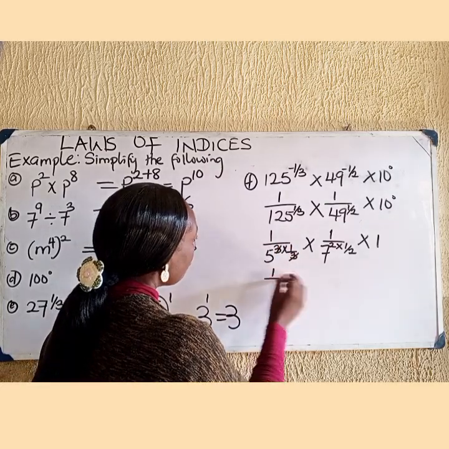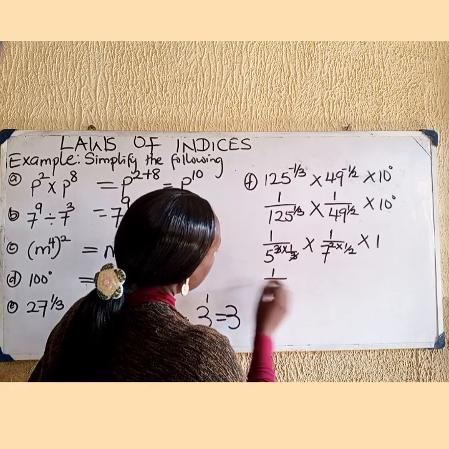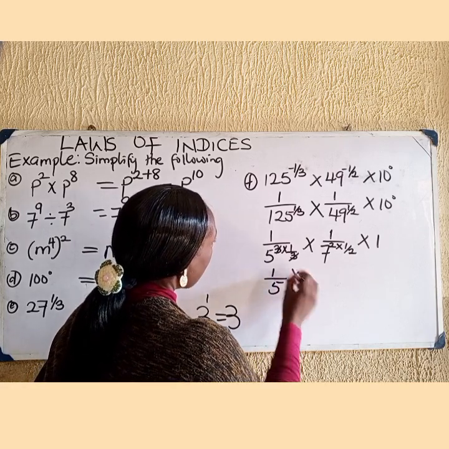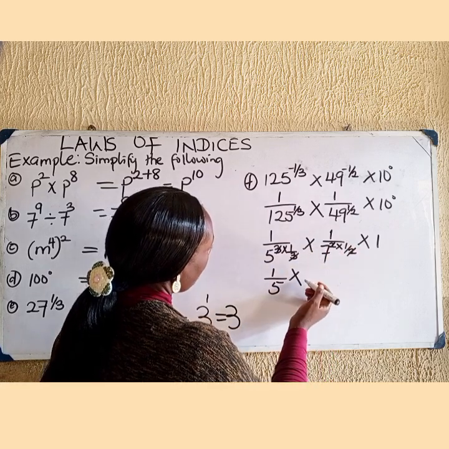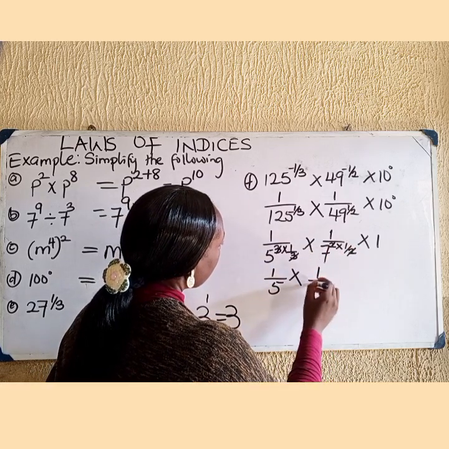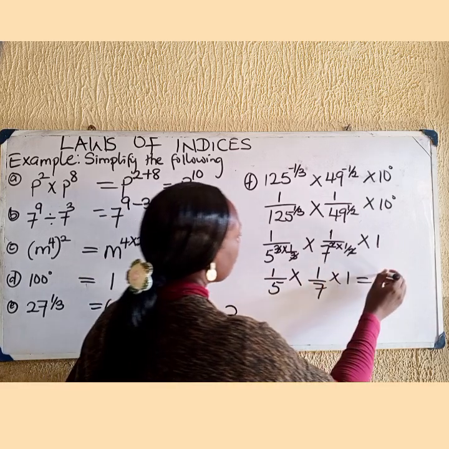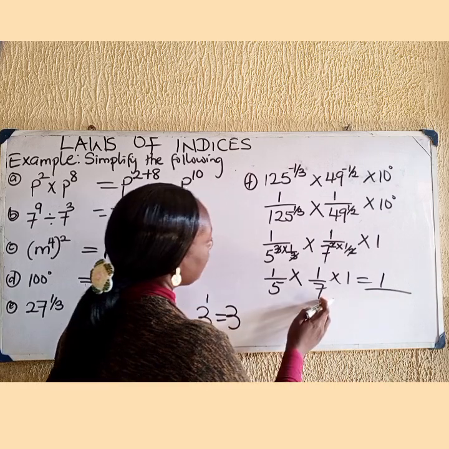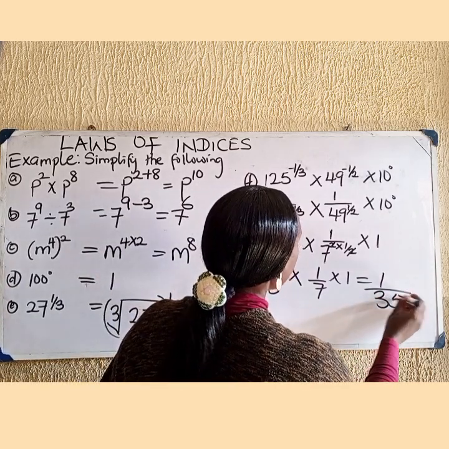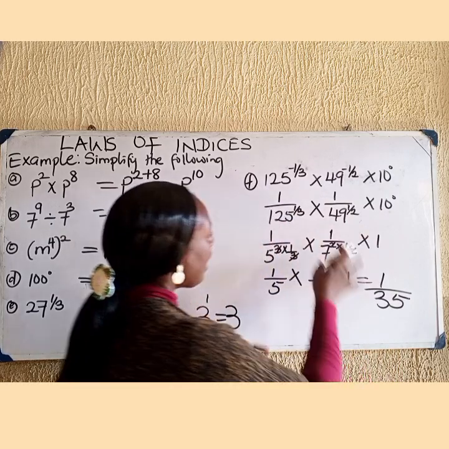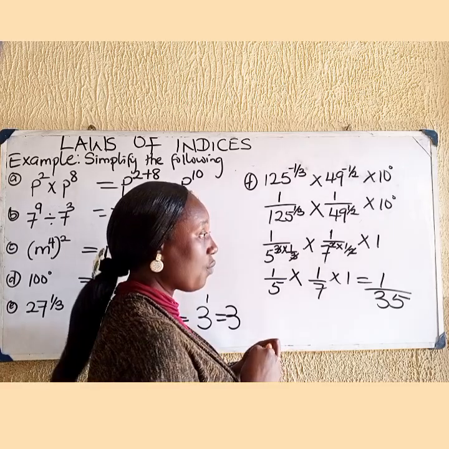So I have 1 over 5 raised to power 1, which is equal to 5. Then 2 can cancel 2. 7 raised to power 1 is equal to 7. So I have 1 over 7 times 1. 1 times 1 times 1 will give me 1. And 5 times 7 will give me what? 35.